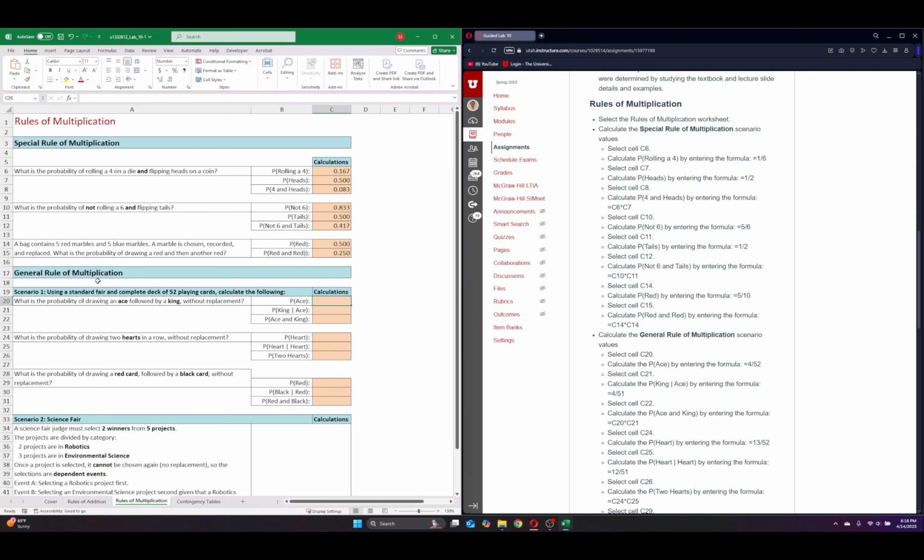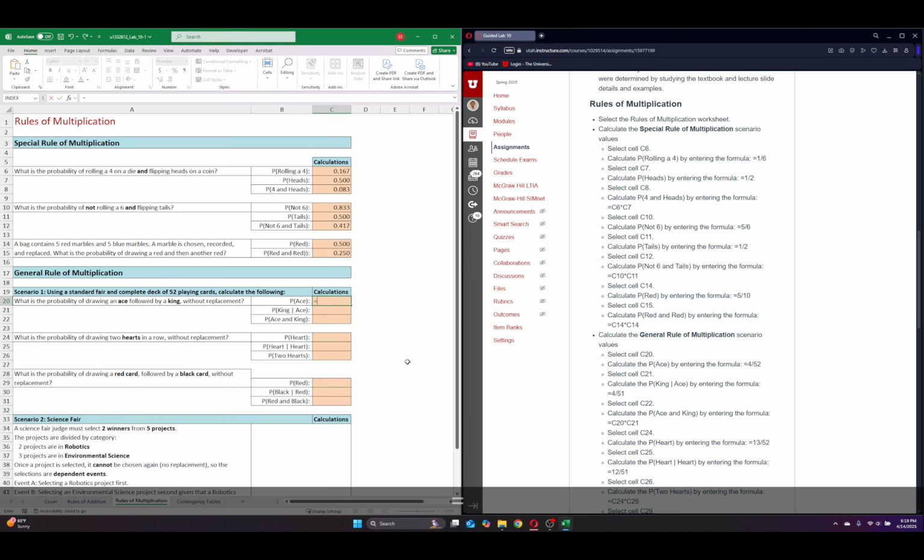Moving on, we're going to do the general rule of multiplication. Scenario 1. Using a standard, fair, and complete deck of 52 playing cards, calculate the following of these next 3. What is the probability of drawing an ace followed by a king without replacement? To draw an ace, there are 4 aces, so we're going to say it equals 4 divided by 52.